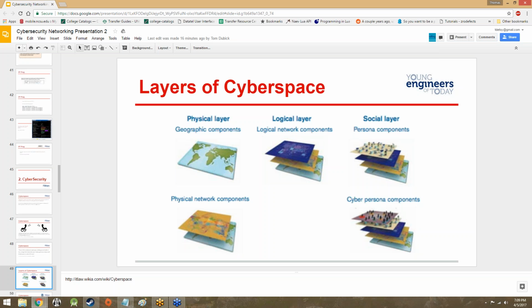And you've got the cyber persona components, and I spent some time talking about this on Monday. You act differently online than you do in person. It may not be all the time, but there are certain aspects of your personality which show online which do not show in person, and vice versa. A lot of that just comes down to the difference in interactions online. Things are different online, and as such you treat it as a different thing.